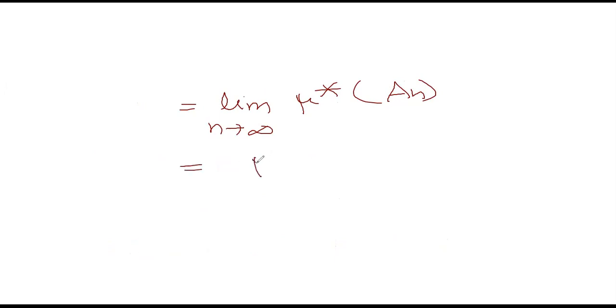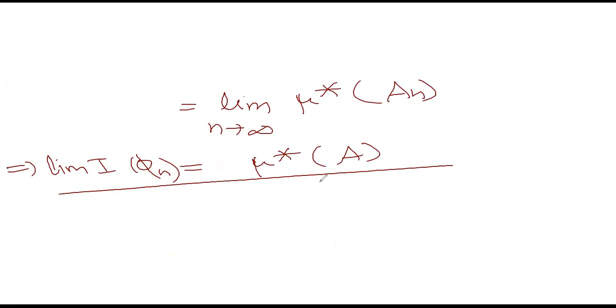It's the measure. This is equal to the limit as n approaches infinity of mu star of A_n. But this A_n increases to A, therefore mu star of A_n will increase to mu star of A. So this limit is actually mu star of A. So on this side, it's actually the limit of the integral of phi_n. That proves this theorem.